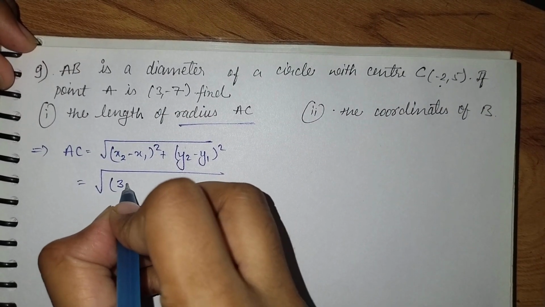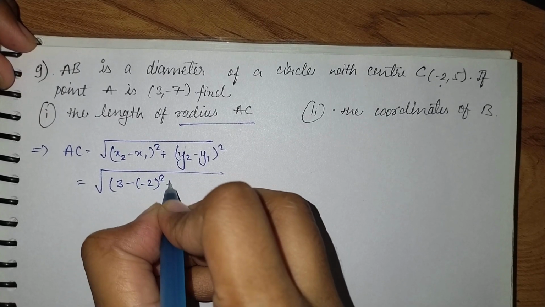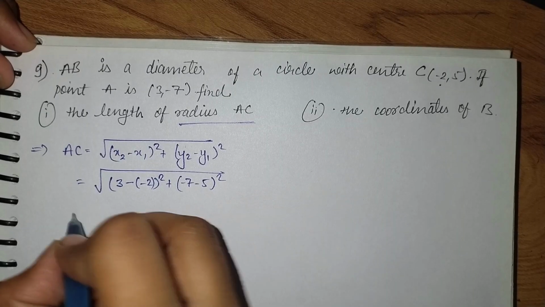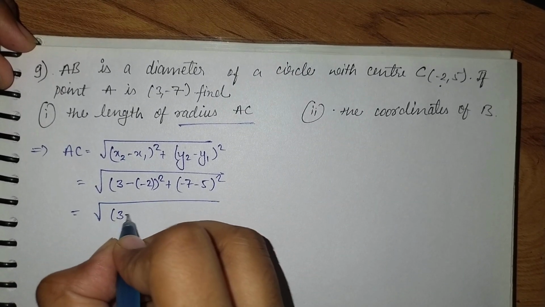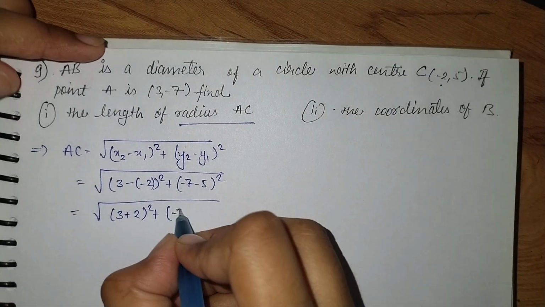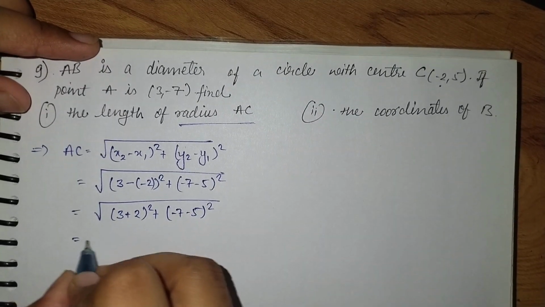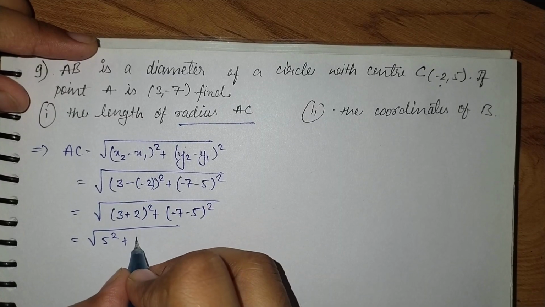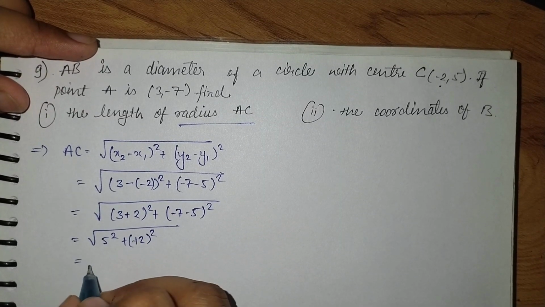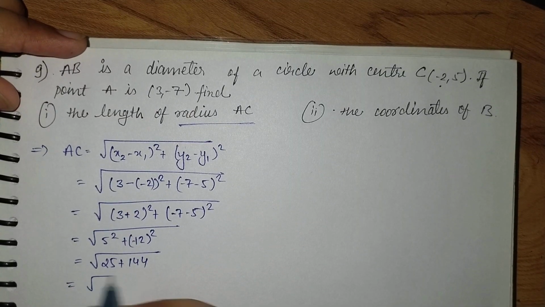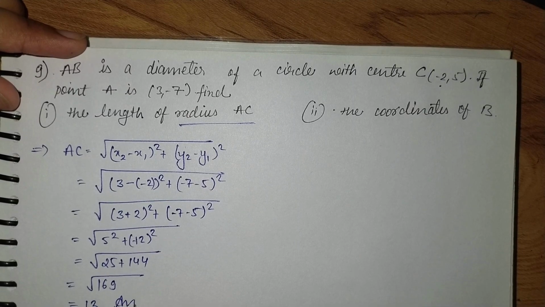So (3 + 2)² + (-7 - 5)² equals (5)² + (-12)², which is 25 + 144 = 169 = 13 is the answer here.